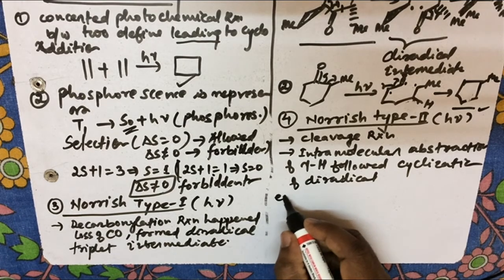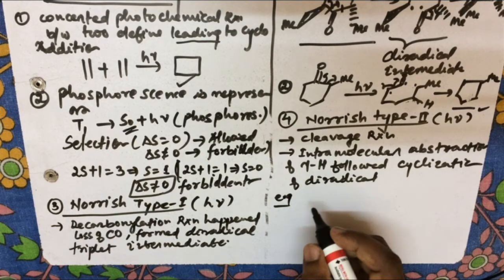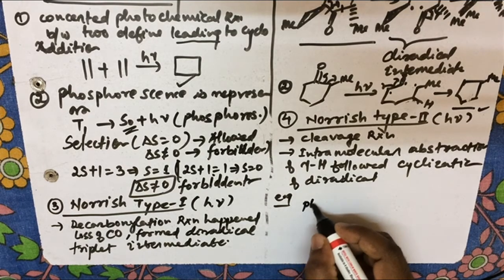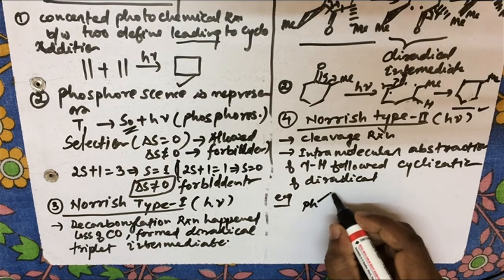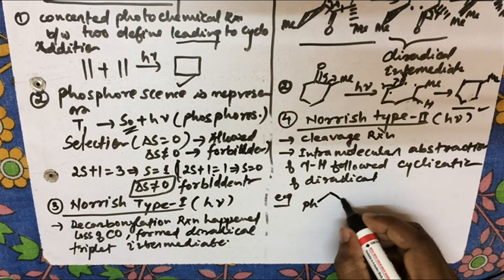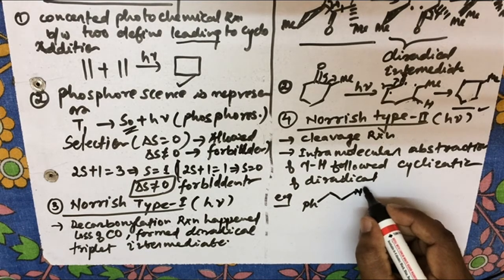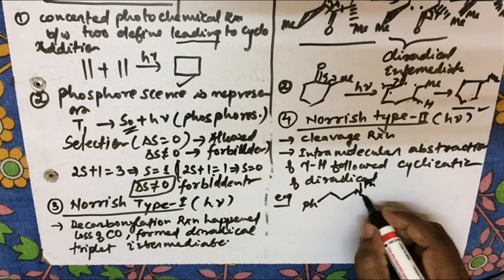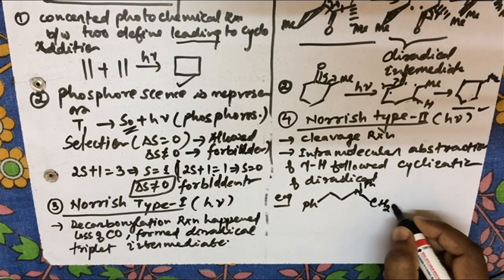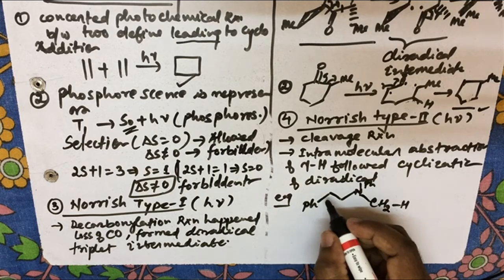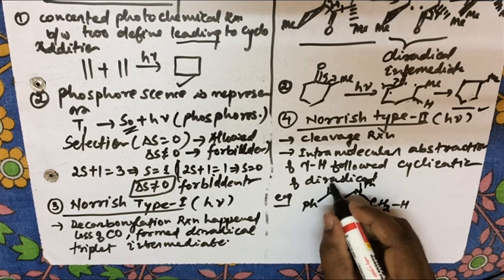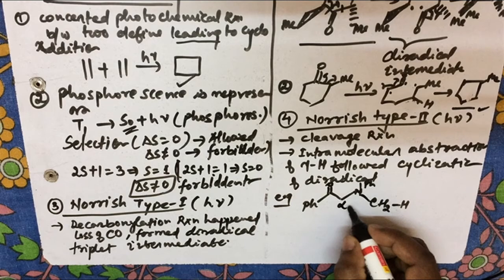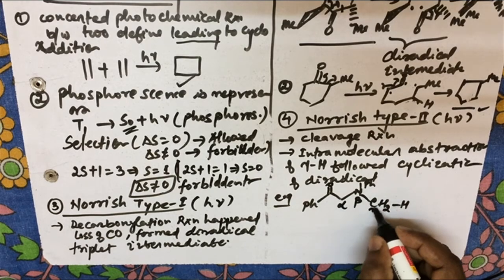So we take an example here, a very basic example. Here Ph, here CH2, and here the carbonyl. If you count here, this is alpha, this is beta, this is gamma.